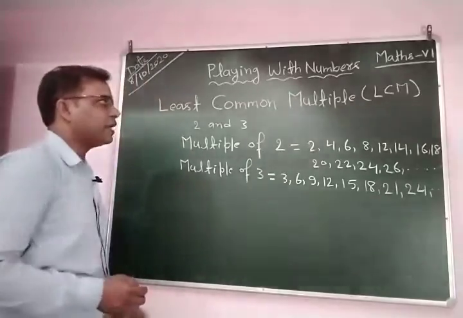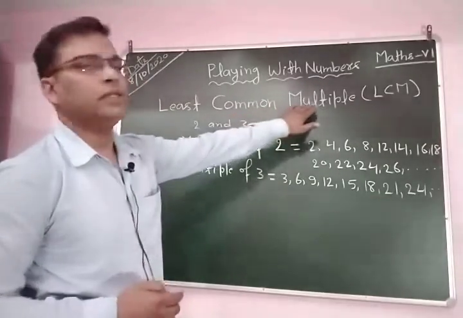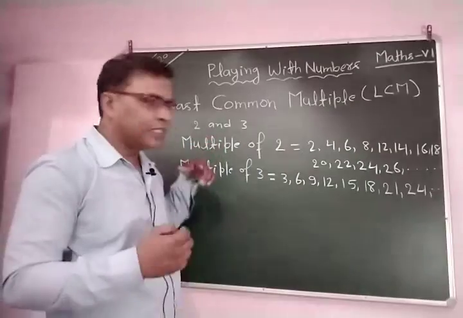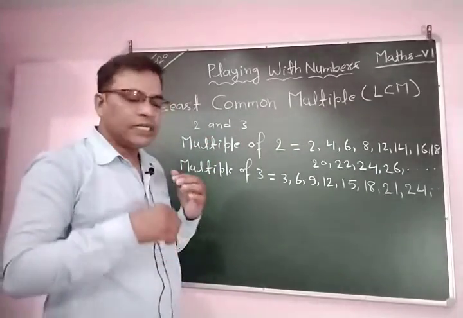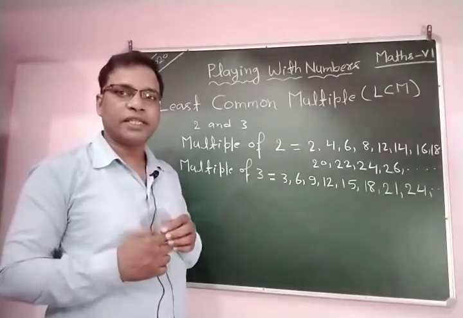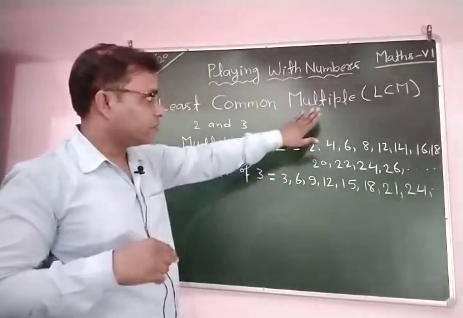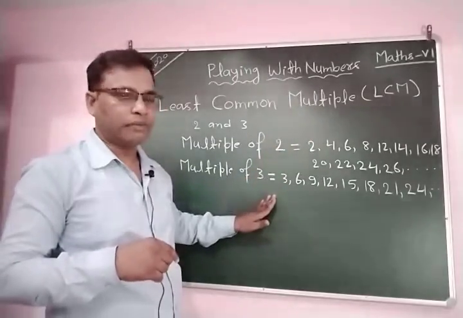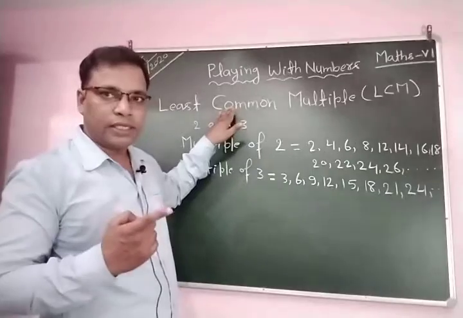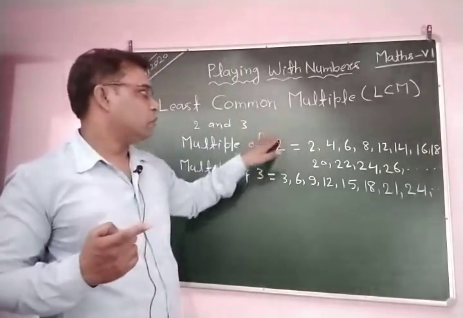So after this we find the common multiples. First we need to find the LCM, the least common multiple, or lowest common multiple of 2 and 3. So for this, first we find the multiples of 2 and the multiples of 3. After this we find the common multiples of 2 and 3.